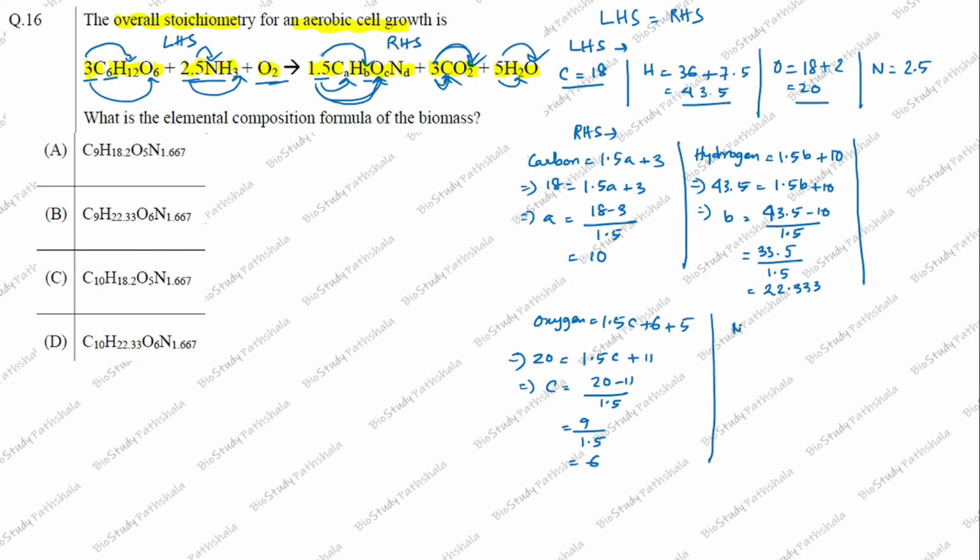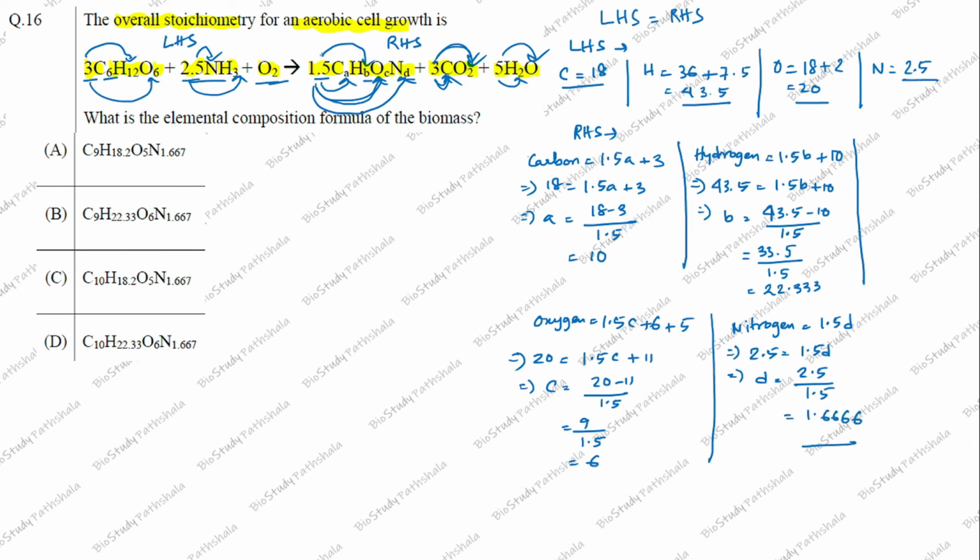And the last one is for nitrogen. Nitrogen is denoted here as D, and nitrogen value is 1.5 into D. And in LHS, the nitrogen value was 2.5, which is equal to 1.5 D. So D value will be 2.5 divided by 1.5, which is equal to 1.6666.